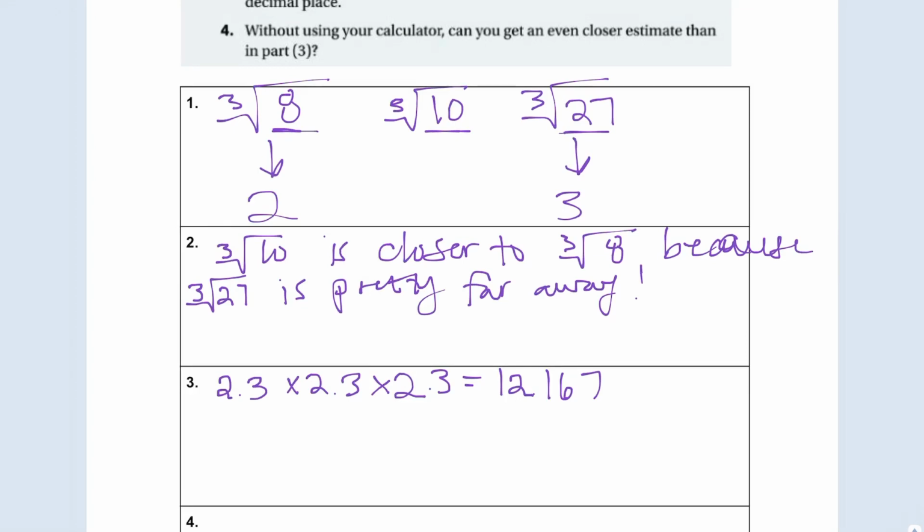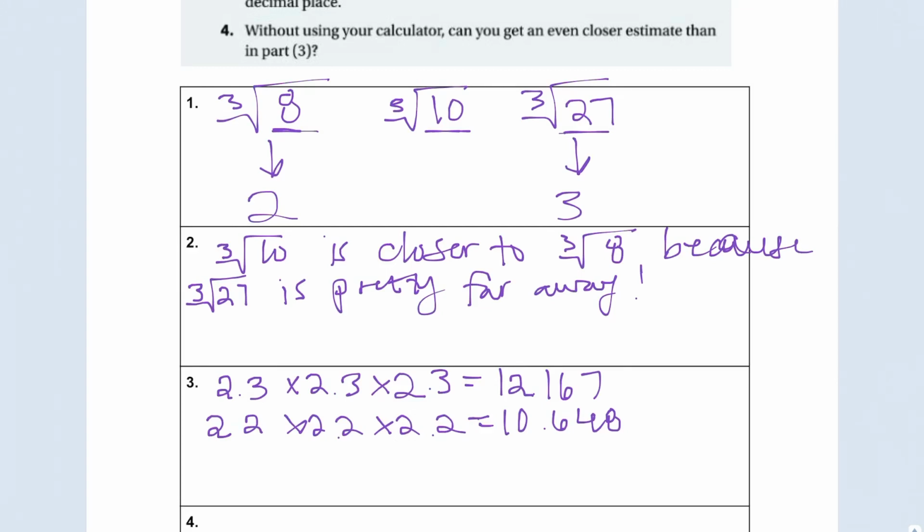So why don't we try 2.2? And again, cube that, and we get 10.648. This is definitely a lot closer to 10 than 12.167.